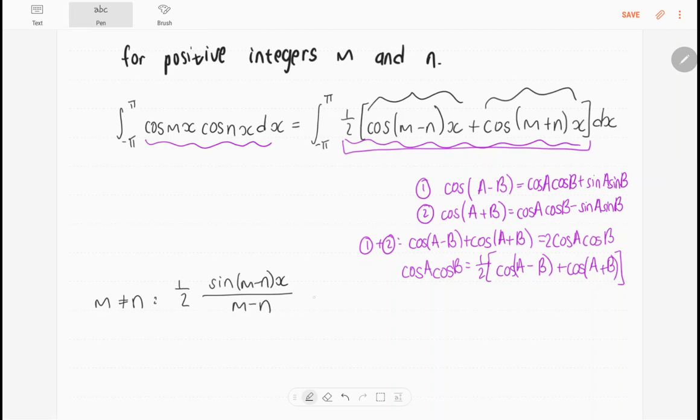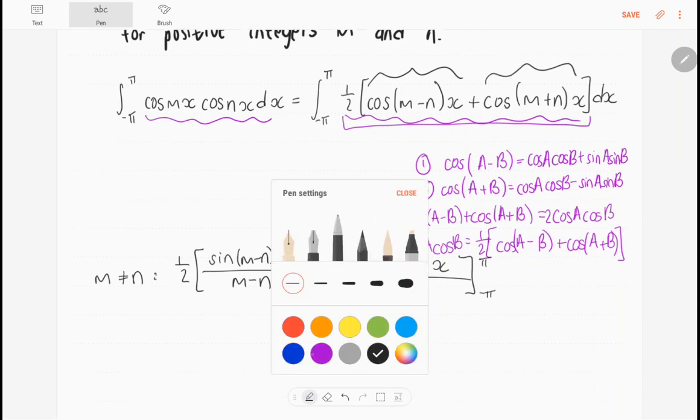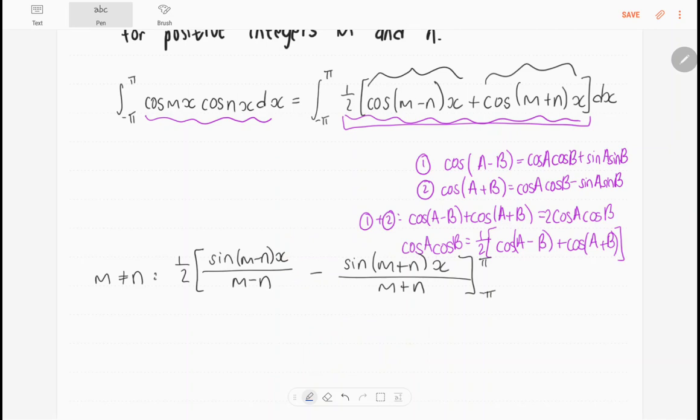And then for the second term, it's going to be sin of (m plus n)x divided by m plus n. And we are integrating, that's supposed to be a minus, between minus pi and pi, and we know that sin of any multiple of pi is going to be 0.